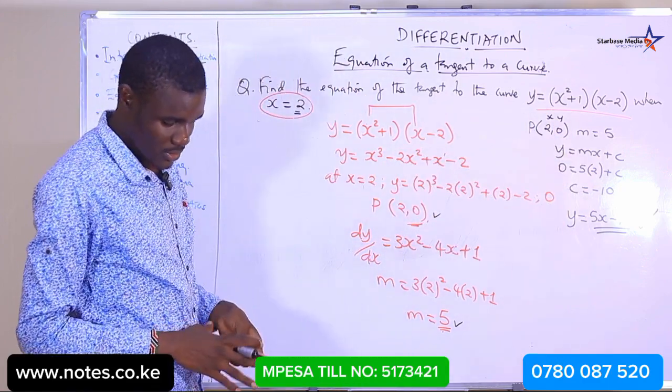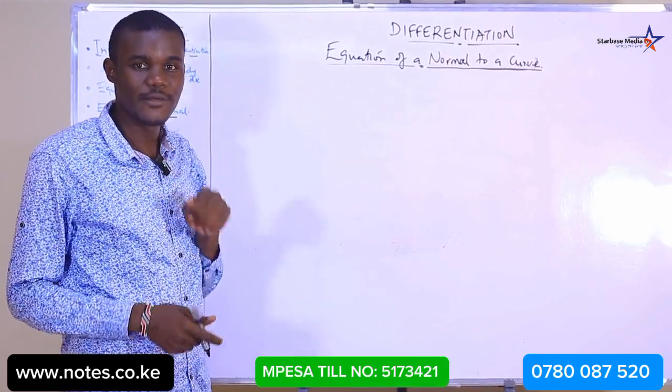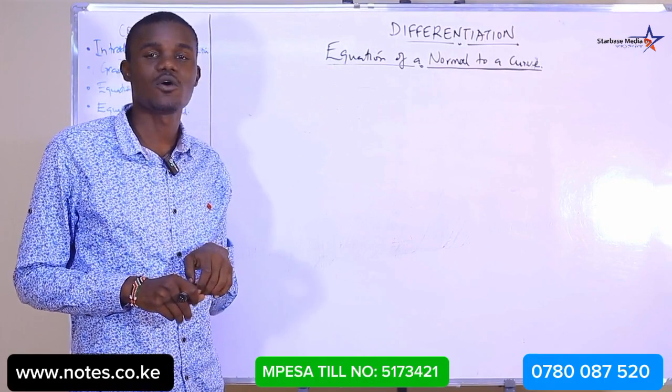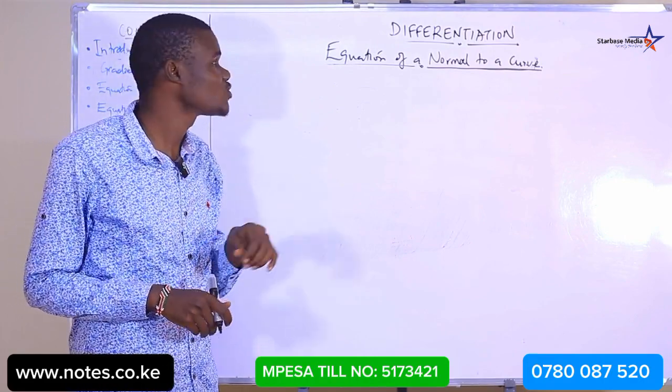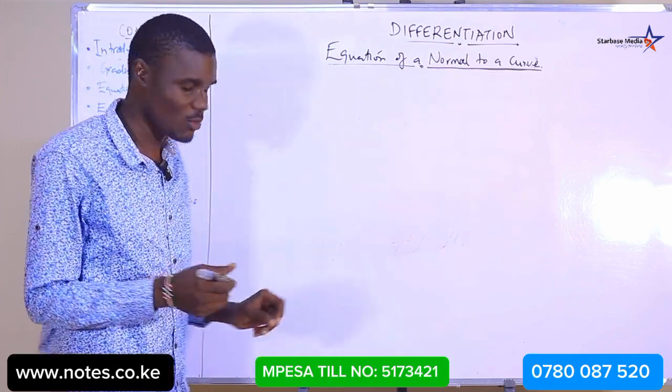That is simple. So once we know how to deal with the equations of a tangent, we are going to deal with equations of a normal to a curve. What is a normal to a curve?